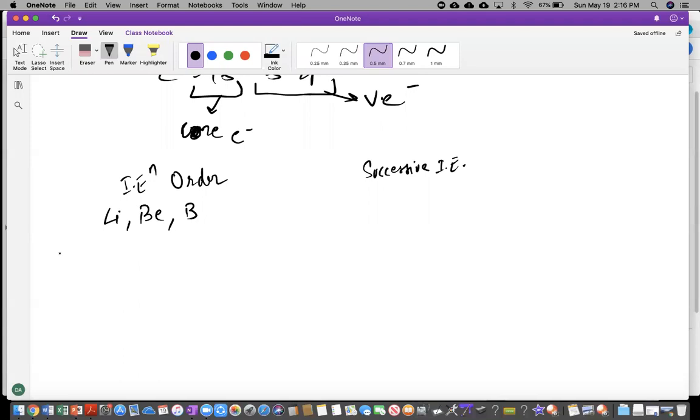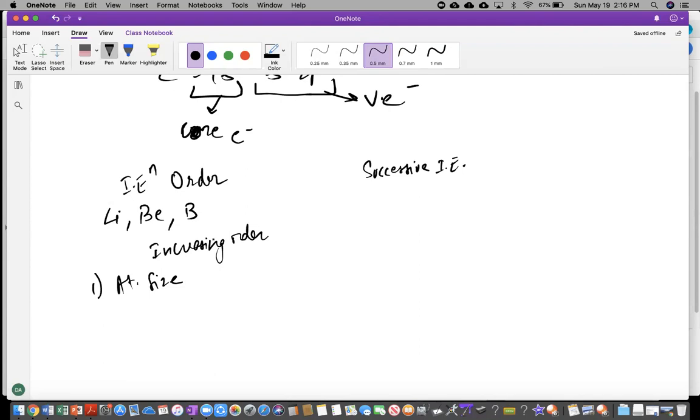Let's say I give you these 3 atoms and ask you to put them in increasing order of ionization energy. Ionization energy actually depends on two things. One is the atomic size. The smallest ones have the maximum ionization energy because their electrons are so close to the center that it's hard to remove them.